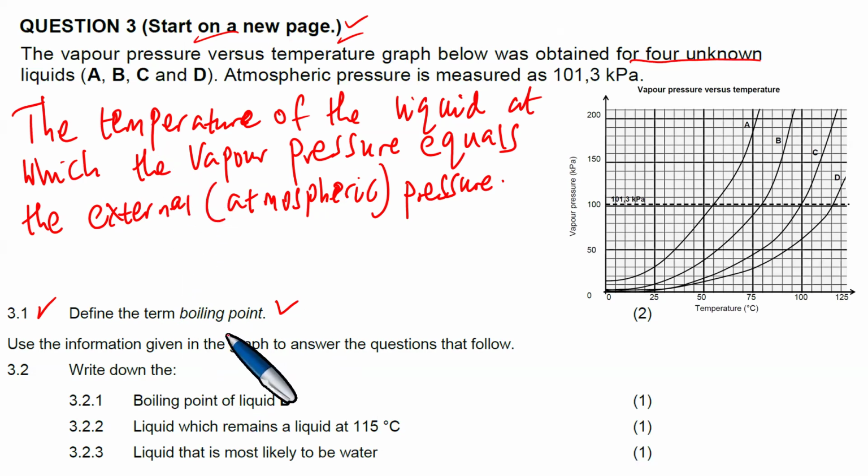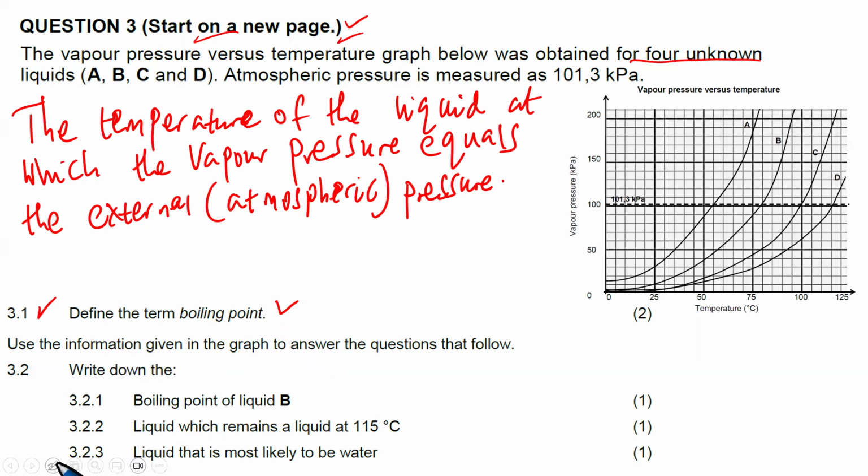So the boiling point has to do with vapor pressure equalling atmospheric pressure. That is called the boiling point of a substance.